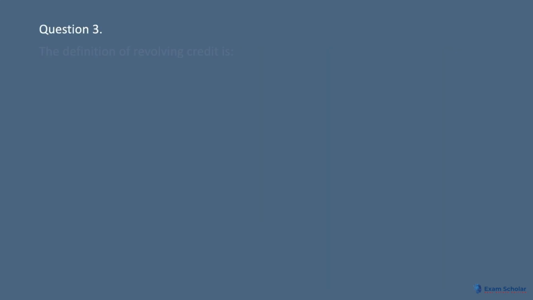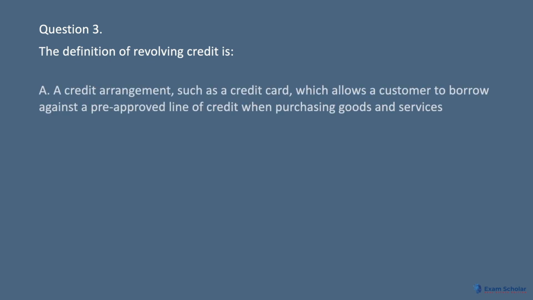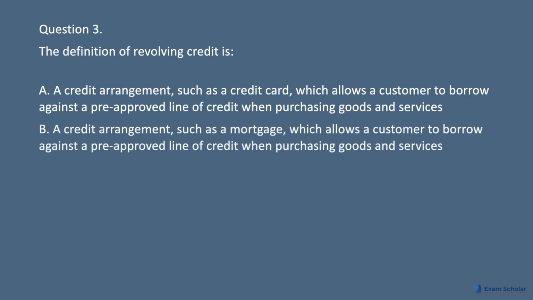Question 3. The definition of revolving credit is A. A credit arrangement, such as a credit card, which allows a customer to borrow against a pre-approved line of credit when purchasing goods and services. B. A credit arrangement, such as a mortgage, which allows a customer to borrow against a pre-approved line of credit when purchasing goods and services.